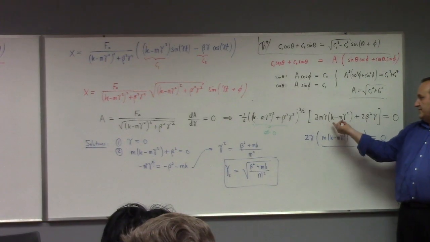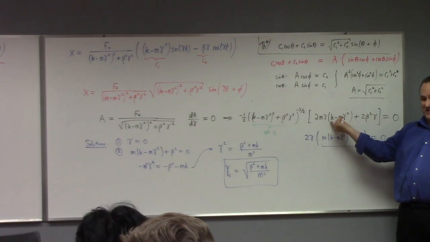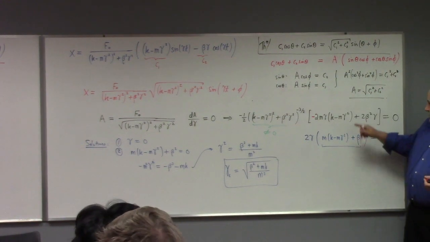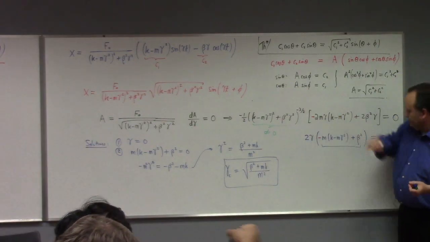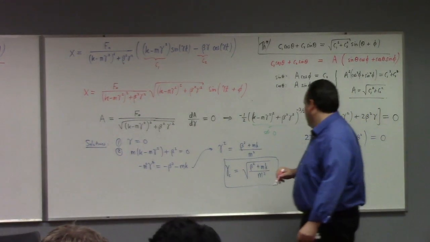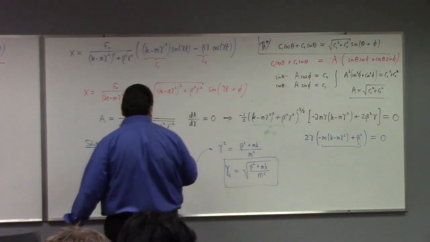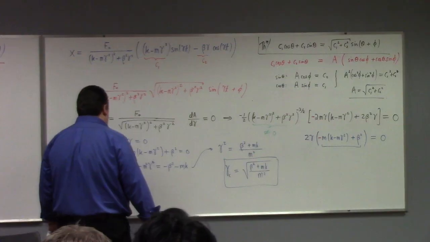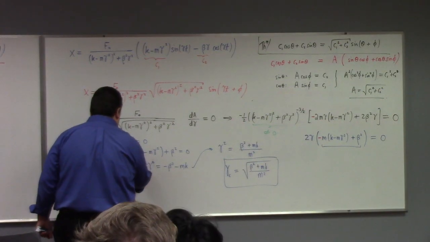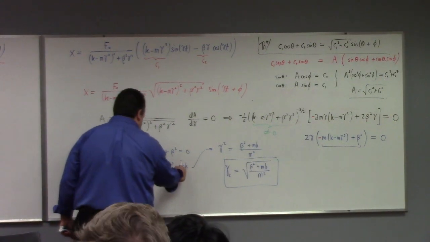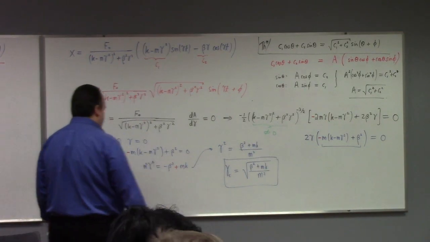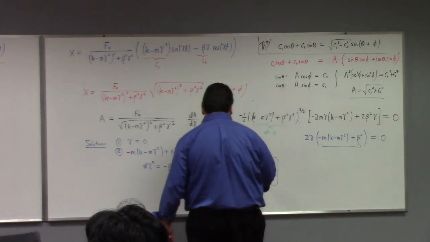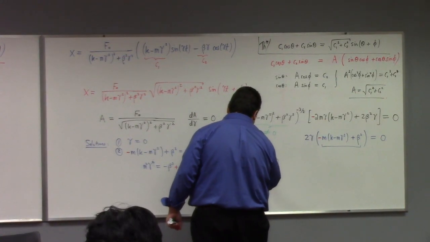This 2m gamma was from the derivative of the inside function. There's a minus here. All right? Which puts a minus here. Which puts a minus here. Which makes this a plus, and makes that a plus, which makes that mk minus beta squared.